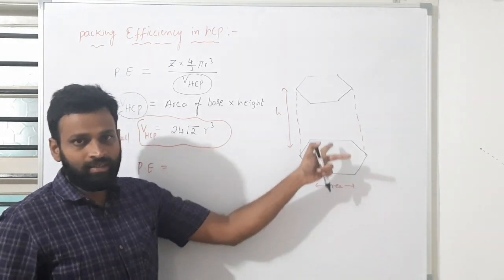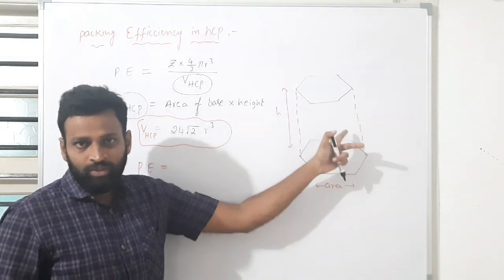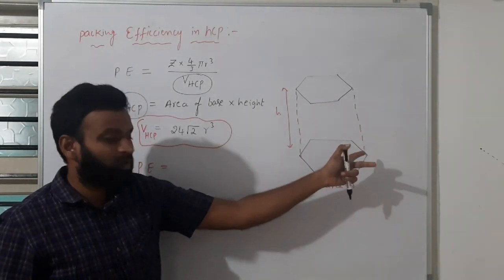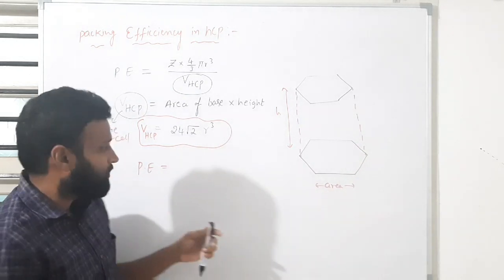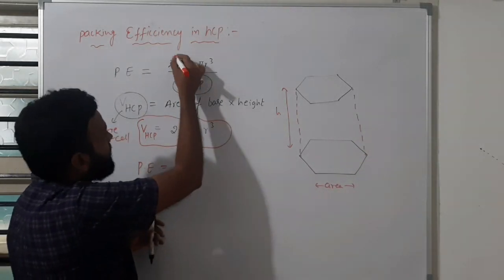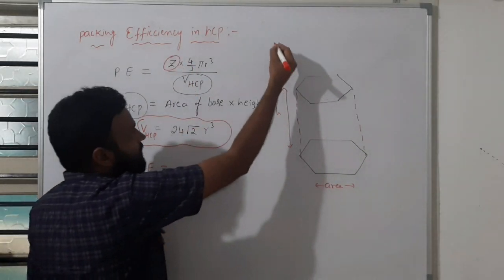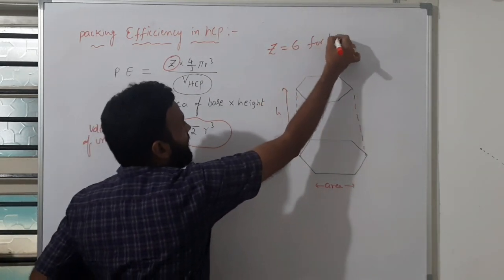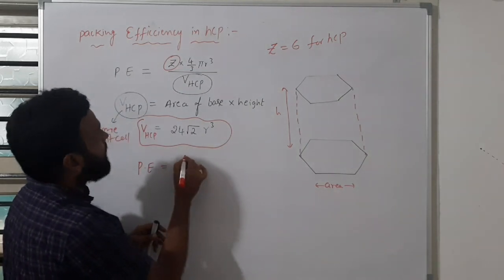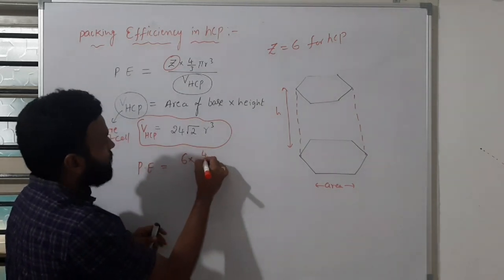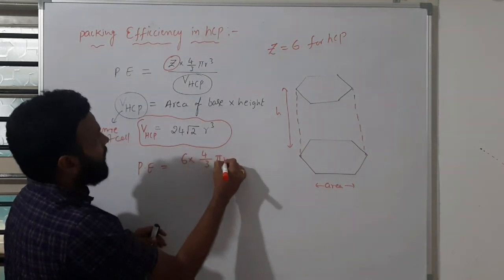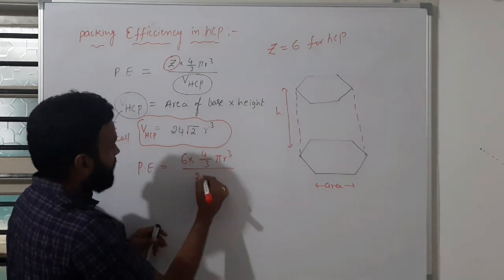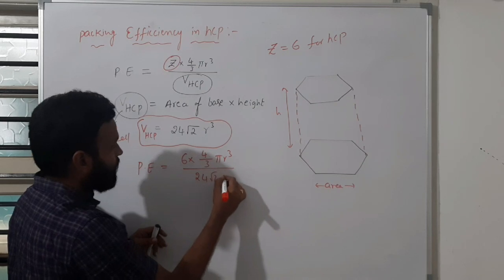So 3 body centers and 2 opposite face centers. So 3 plus 2 into 1 by 2 plus 12 into 1 by 6, something I gave, right? So that Z is 6 for HCP. Z is equal to 6 for HCP, hexagonal close packing. So 6 into 4 by 3 pi r cube by this one, 24 root 2 into r cube.